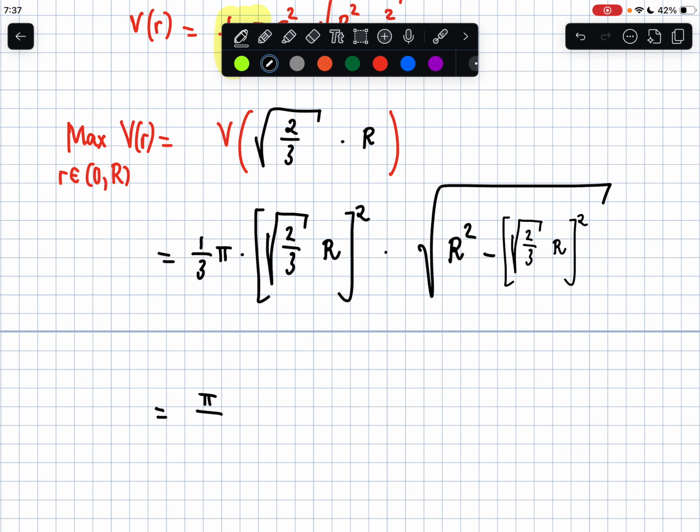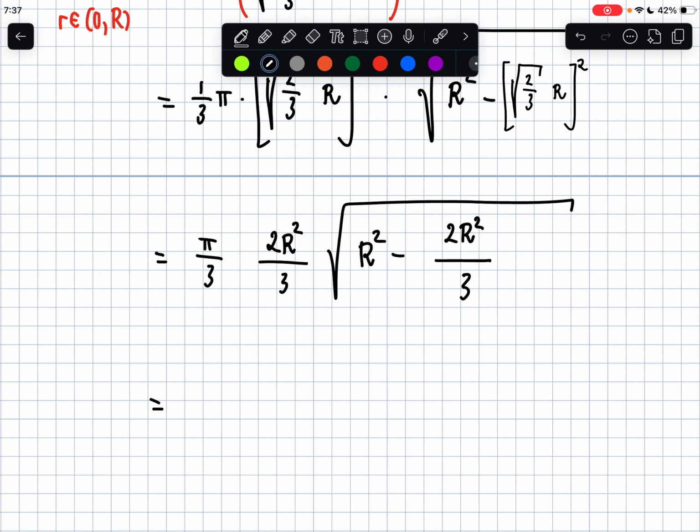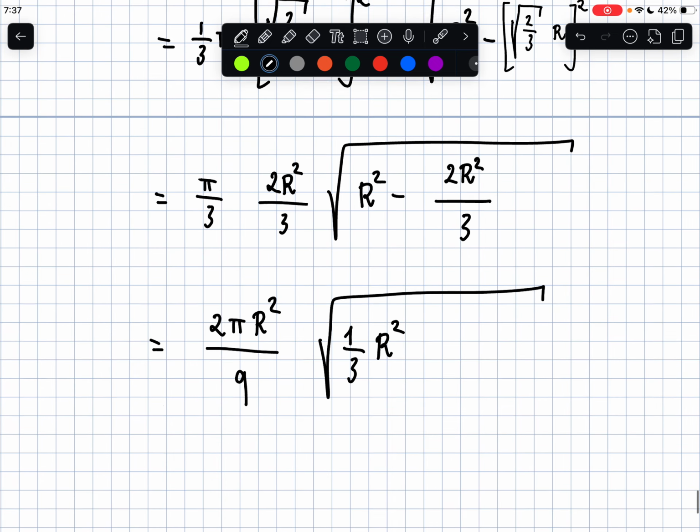Pi over 3 R squared times 2 over 3, R squared times 2 over 3, R squared times 1 over 3. 2 pi R squared divided by 9, R squared times 1 over 3.